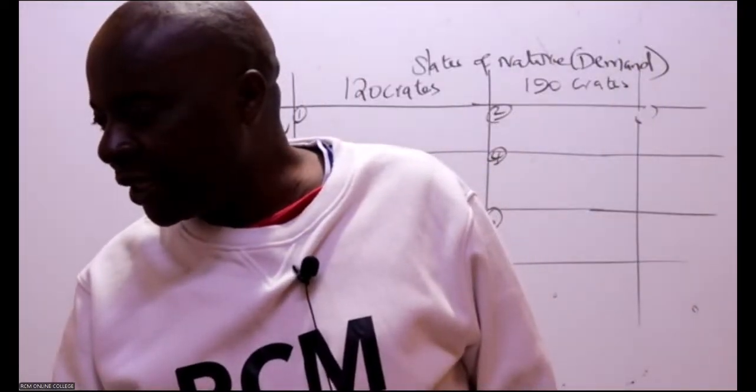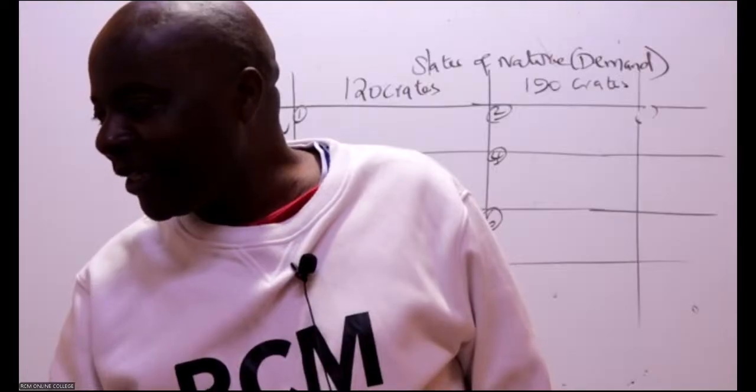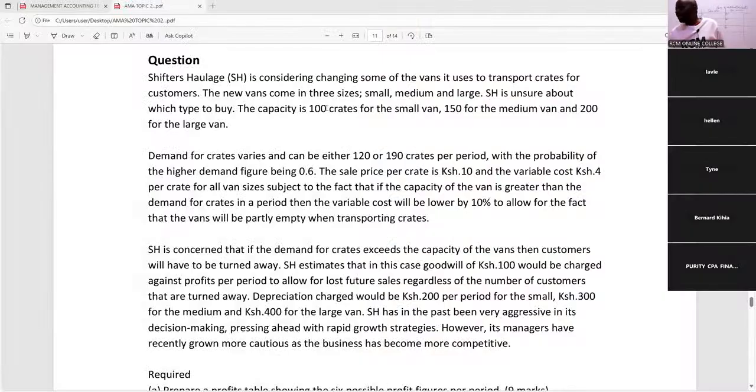As I finish this topic, ladies and gentlemen, the capacity of the vans, you can see small is 100, 150, 200. So the capacity for small is 100. For the medium, we have 150.